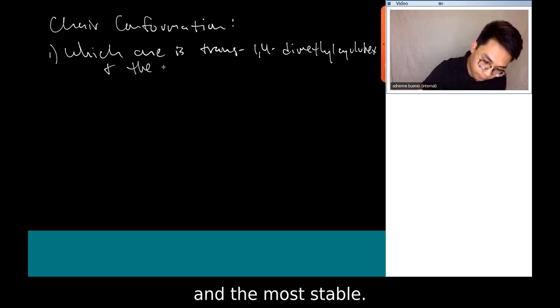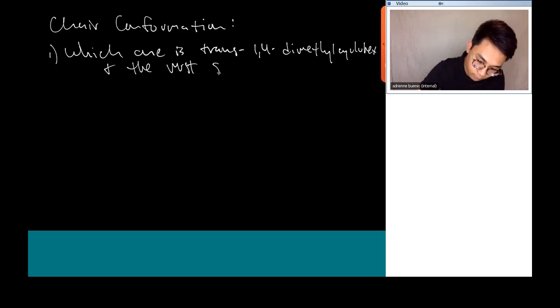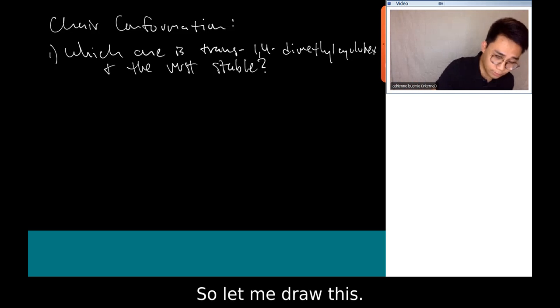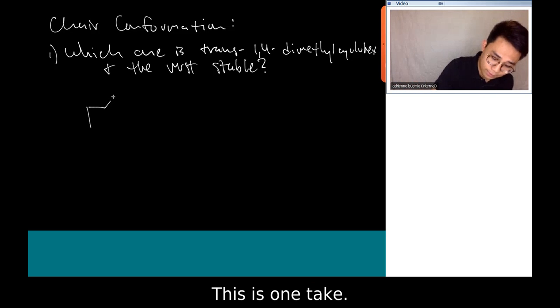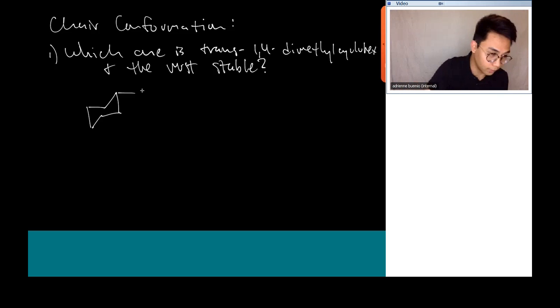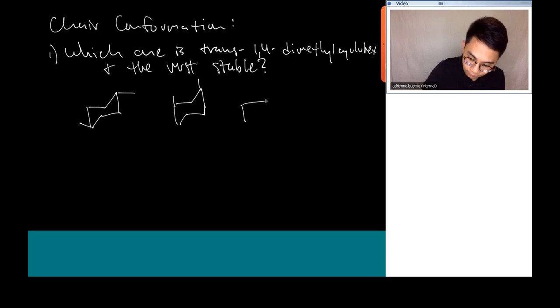And the most stable. So let me draw these. I'm gonna try my best. This is one take. Okay, nailed it. Ooh, nailed it. Okay, this was the best one, I think.